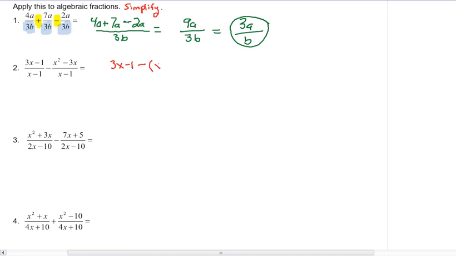So minus parentheses, x squared minus 3x. All of that is going to be divided by x minus 1.